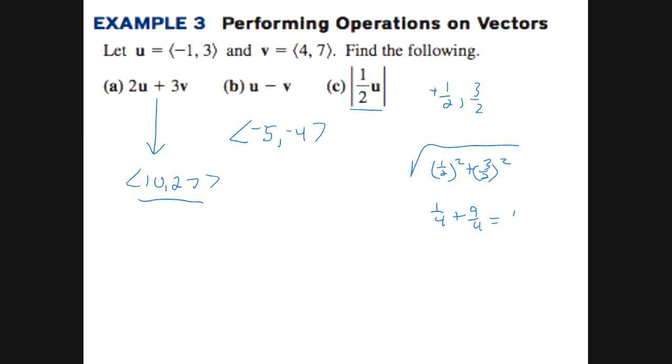So the square root of 10/4 would be my answer, which I could write as 1/2 square root of 10 if I simplify it down. It is not a point. That is correct, the magnitude is not a point. It is the distance of the vector, I would call it the hypotenuse.